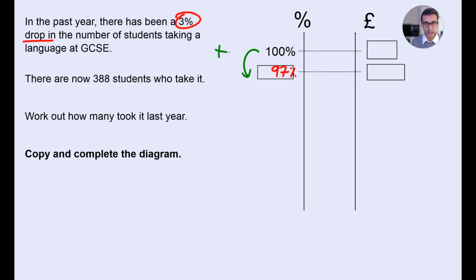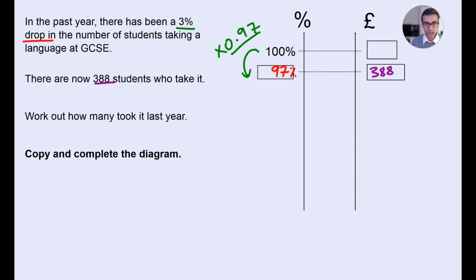Now we know what the multiplier here is. We're going to multiply by 0.97. Now notice that the question you were given shows a 3% drop. The multiplier you use is 0.97, not 0.03. Now from here, we know the number of students this year is 388. And we're going to now do the opposite.